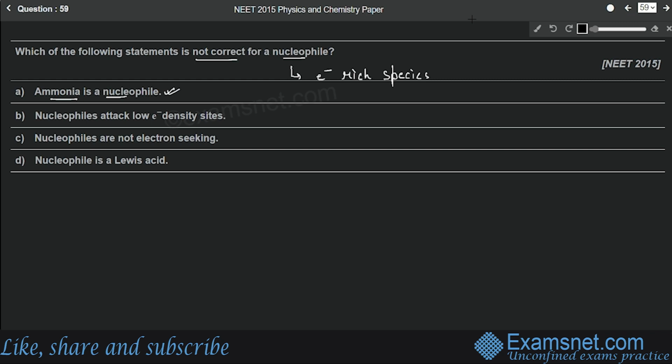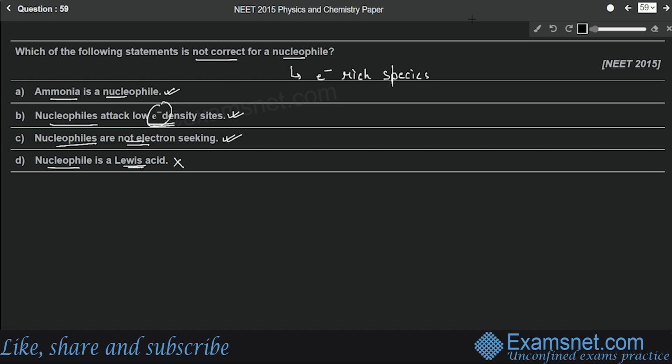The second statement says nucleophiles attack low electron density sites. This is also correct because they provide electrons at the sites where the electron density is low. Then the third statement says nucleophiles are not electron seeking. Yes, they don't seek electron, they provide electron. So this is also correct. The last statement says nucleophile is a Lewis acid.